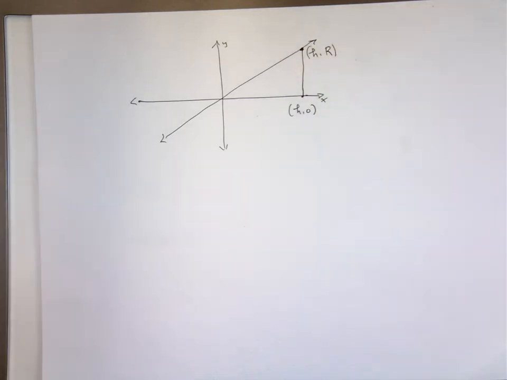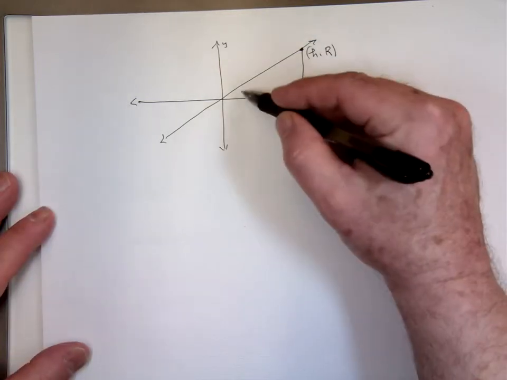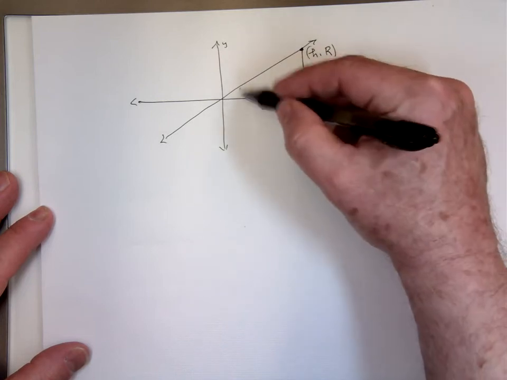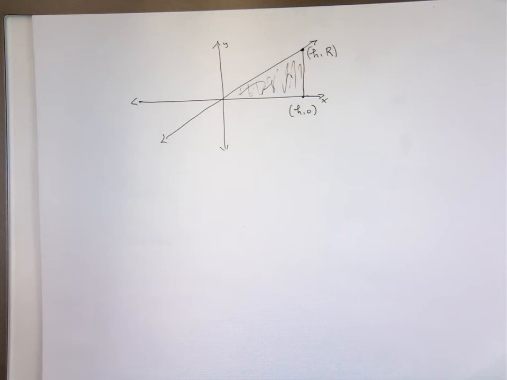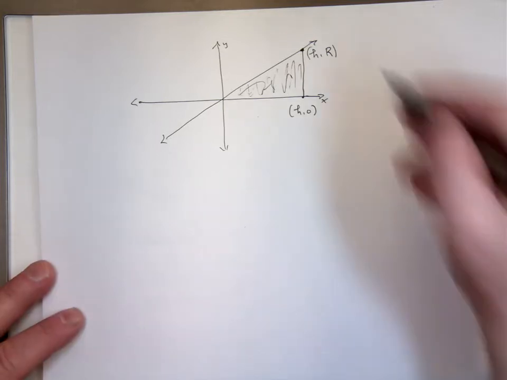So we have a line through the origin that contains the point (h, R). That line, together with the x-axis, is going to define an area. What we're going to do is take that area and revolve it about the x-axis. What that's going to do is generate what's called a surface of revolution.